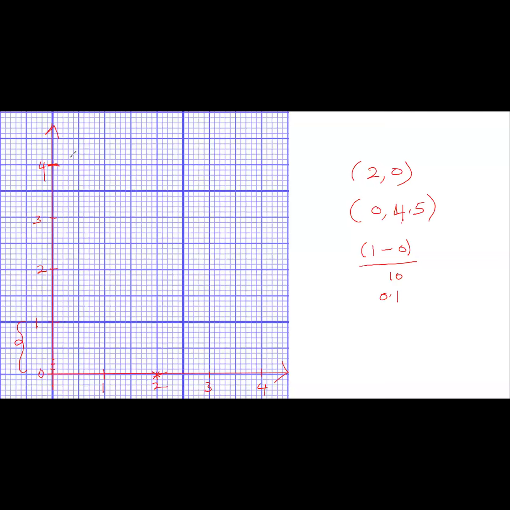Alternatively, each box contains 0.1, so you can also say this is 4, 4.1, 4.2, 4.3, 4.4, 4.5, meaning that your value is here. Therefore, I'll get my ruler and draw a line that goes through like that.